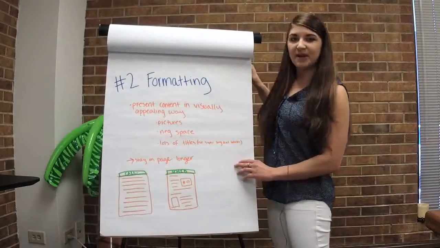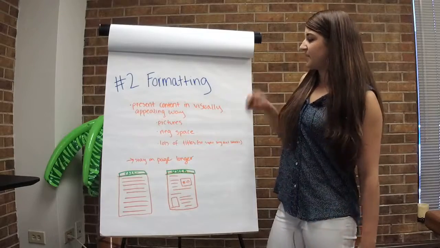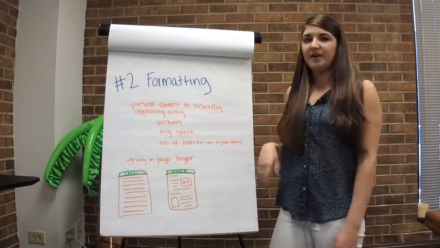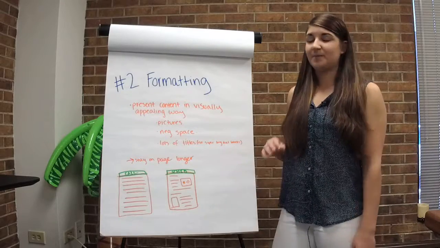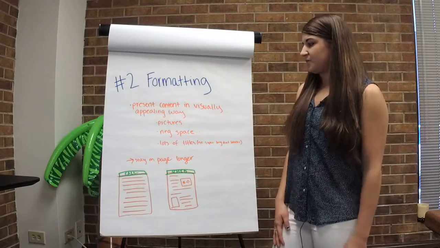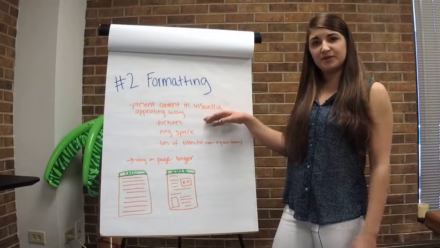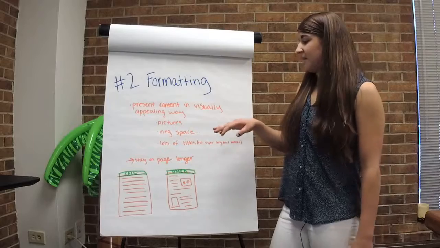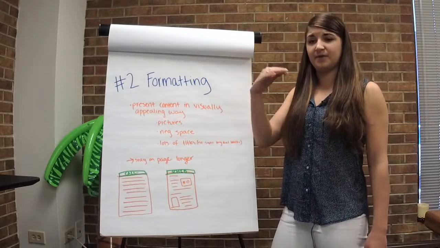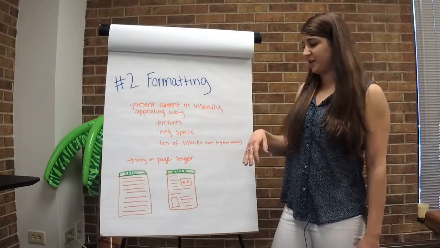All right, second thing we've got is formatting. You want to present your content in a visually appealing way. You could have the best content in the world on your website, but if it's not visually appealing, people aren't going to want to read it. So the way you do this is make sure you're incorporating pictures into your pages. Don't be afraid to use a little negative space. And make sure you're including lots of titles to kind of organize the flow of what you're talking about.